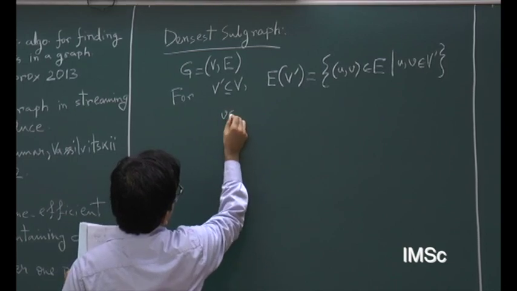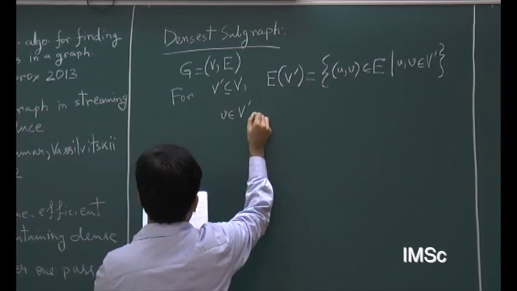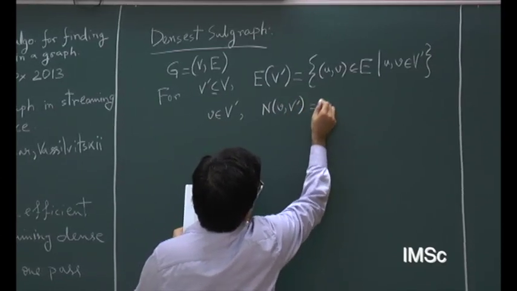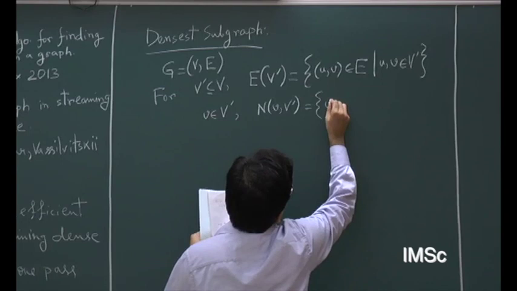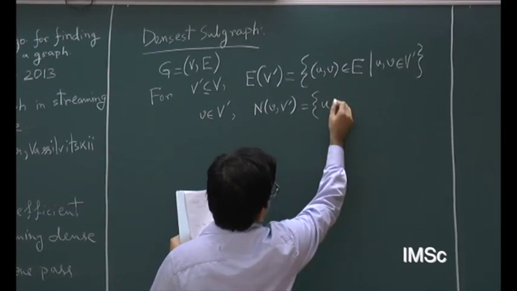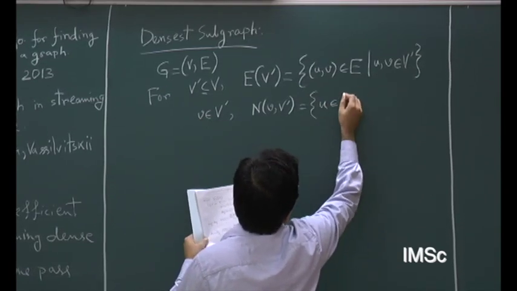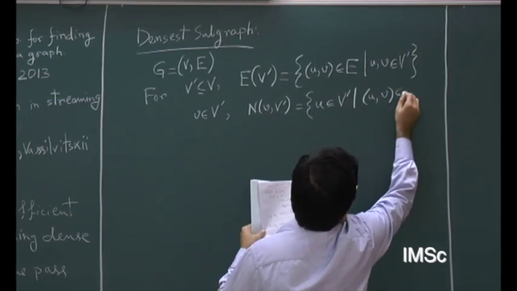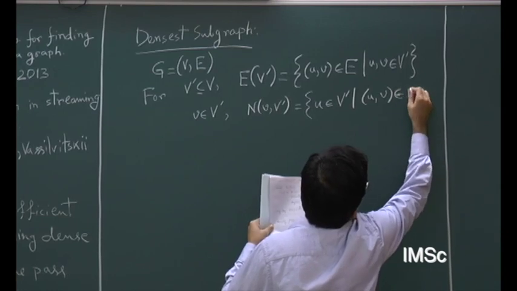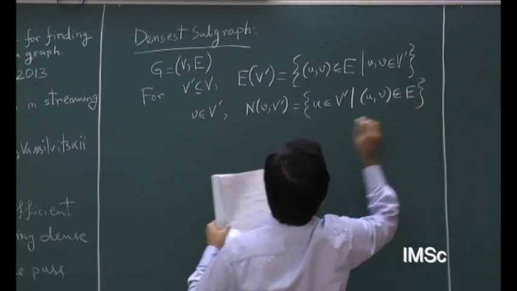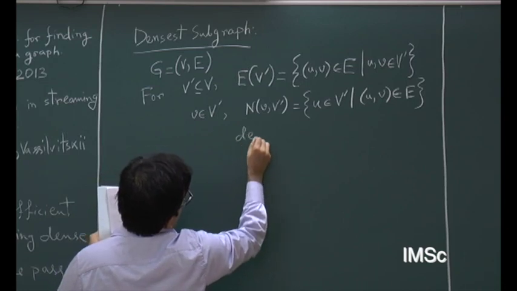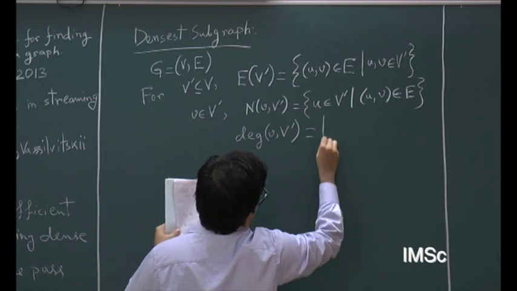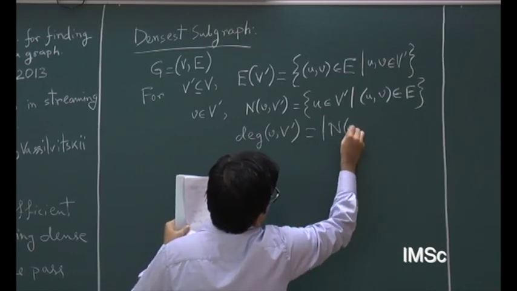Now, if you look at any node v in V prime, this is the set of neighbors of v in V prime. And finally, this is the degree of the node v in V prime.